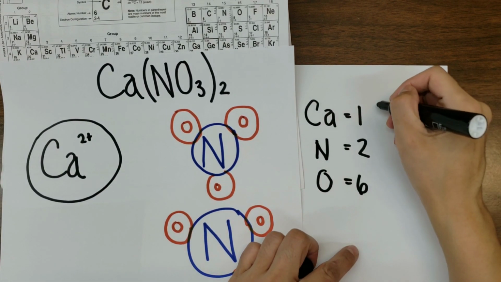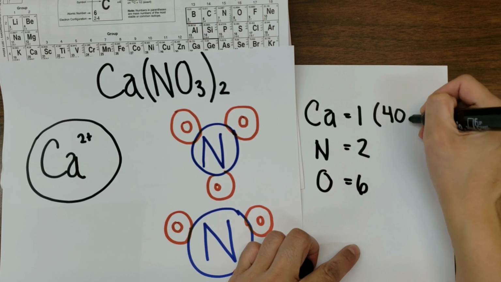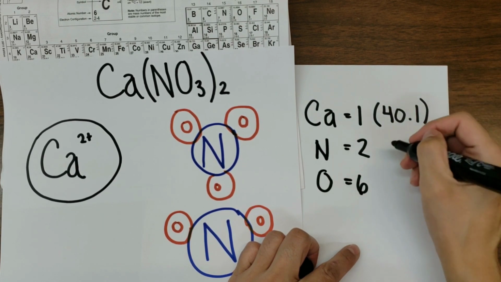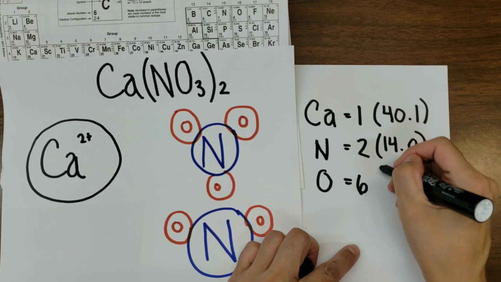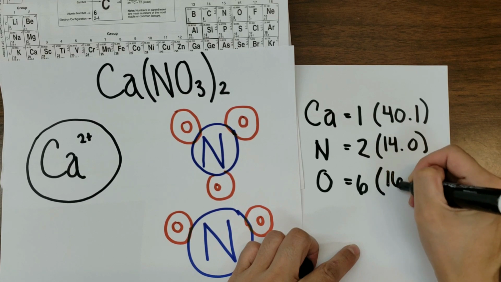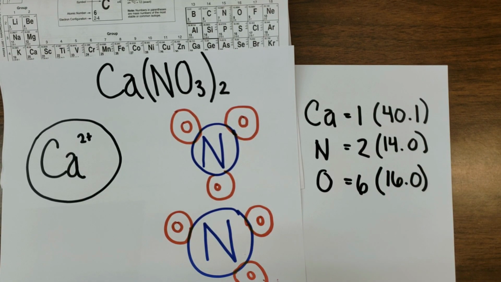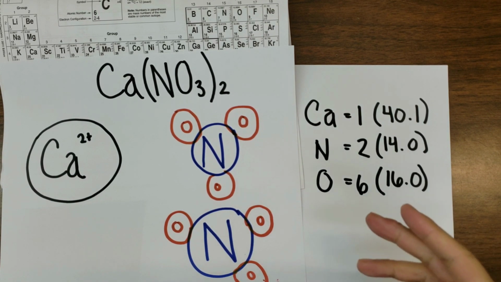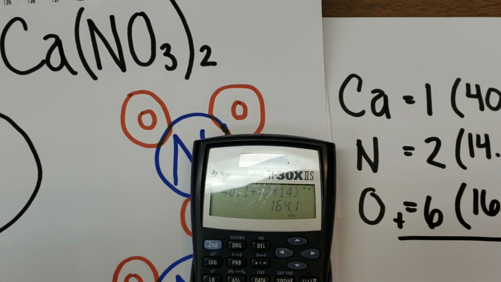When we round to the 10th place, the mass of calcium averages to 40.1. Nitrogen averages to 14.0, and oxygen averages to 16.0. Once we take these numbers, we can place them into our calculator to find the total.